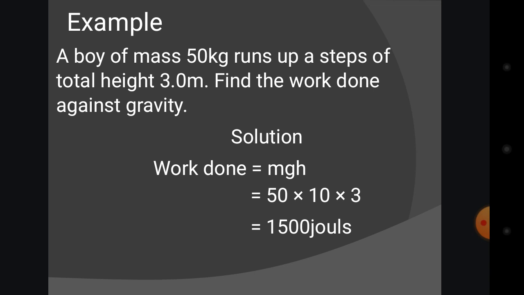That is the work done for the boy running up the steps. So this is an example for the work done against gravity.